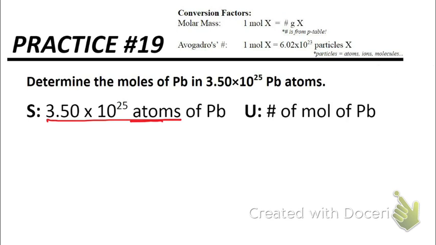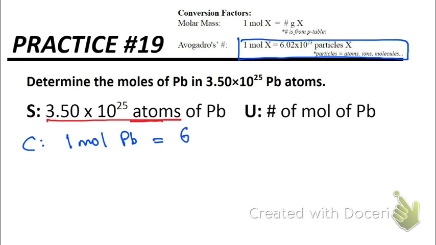So the one that we want to use is going to be Avogadro's number. So our conversion factor is going to be 1 mole of X, but in this case it's going to be lead, Pb, is equal to 6.02 times 10 to the 23rd power atoms of Pb.